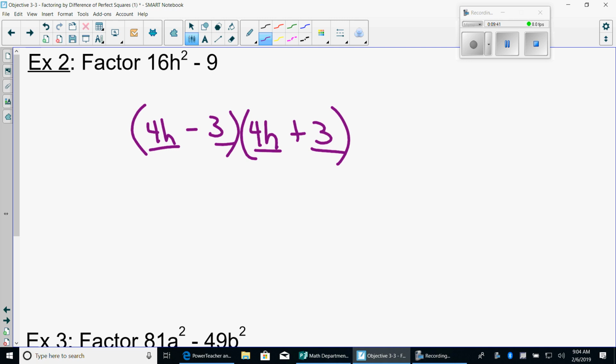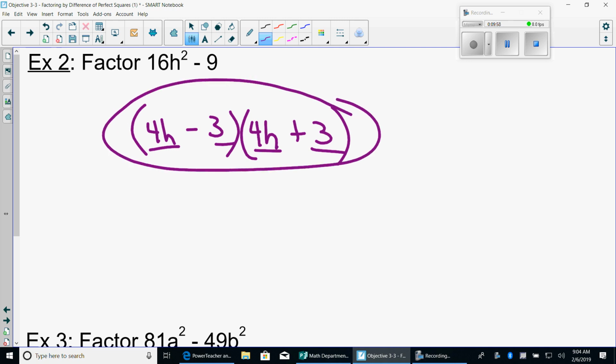I keep asking you that because on the test, how many of you understand what you're doing in class, and then you get to the test, and because it's worded differently, it confuses you? Yep. That's why I'm trying to prepare you, because the test might say, factor this, and want the whole answer, both factors. But then it might say, which is a factor?